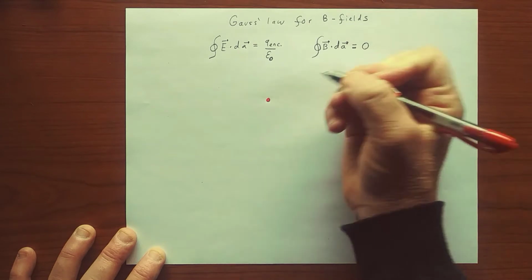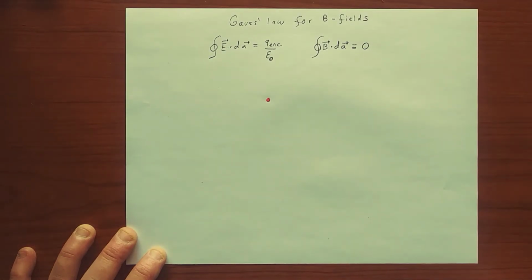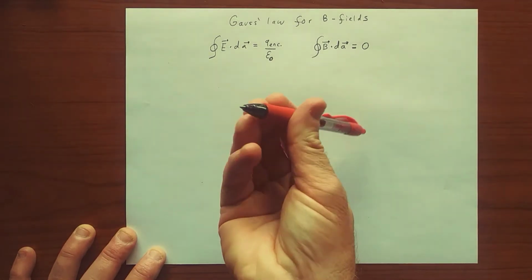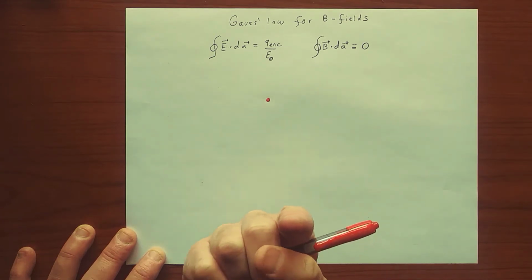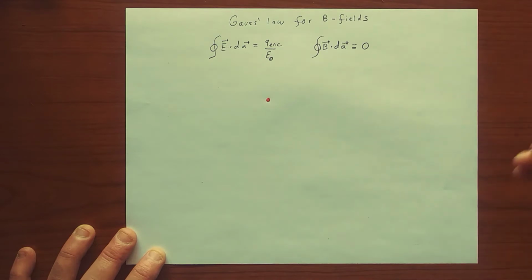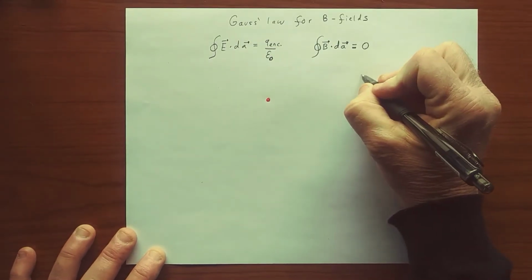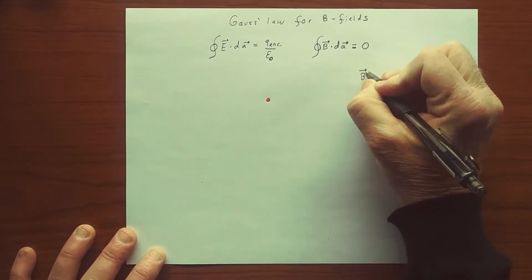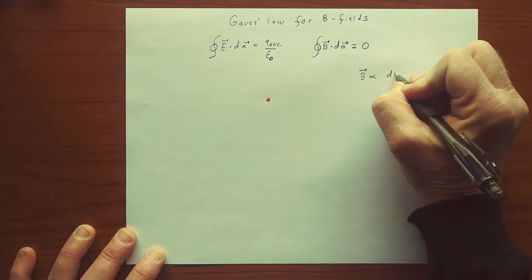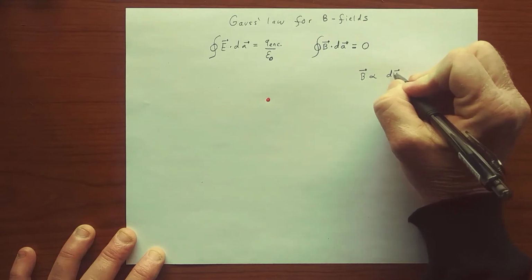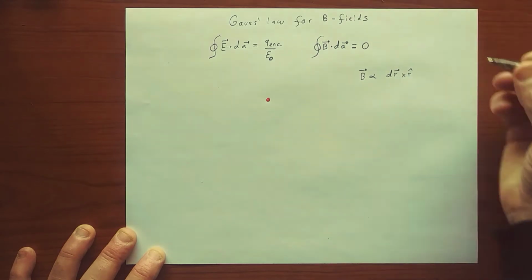So here's the wire. Let's say it's red current coming straight out of the page towards us, and from the Biot-Savart law, we can figure out the direction of the field. This is the part of the Biot-Savart law that gives us the direction of the magnetic field, proportional to dl, the direction of current, cross r hat.